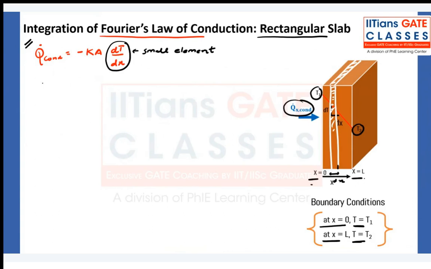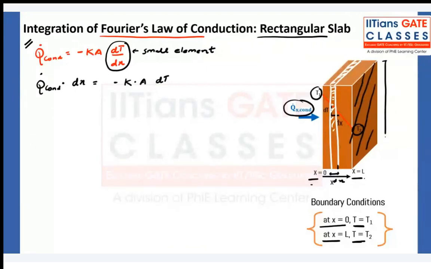We need to integrate this over the whole slab from x equals 0 to x equals L. So I can write Q dot conduction along x equals minus k A dT. Now, this area is the area perpendicular to heat transfer. If the height is h and this is the width, then the area equals width into height.